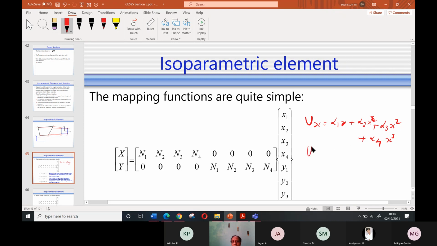Similarly, I can write for uy also: alpha 1 plus alpha 2y plus alpha 3y square plus alpha 4y cube. From this, I have told you how to find the shape function using the boundary conditions applied.